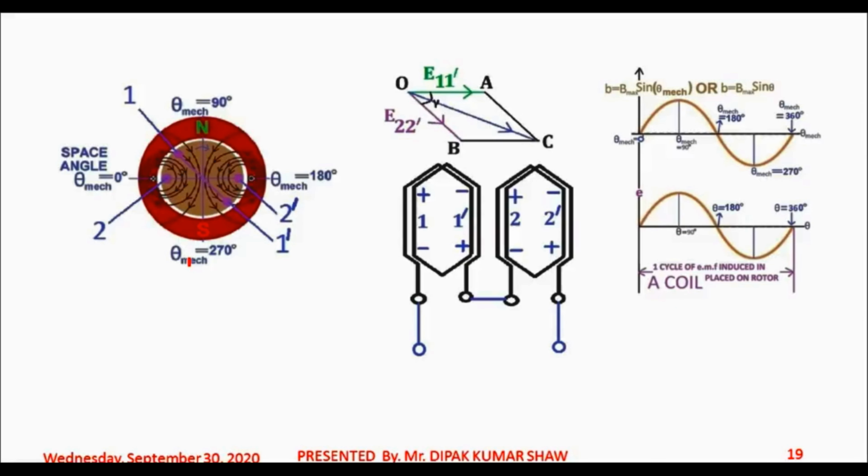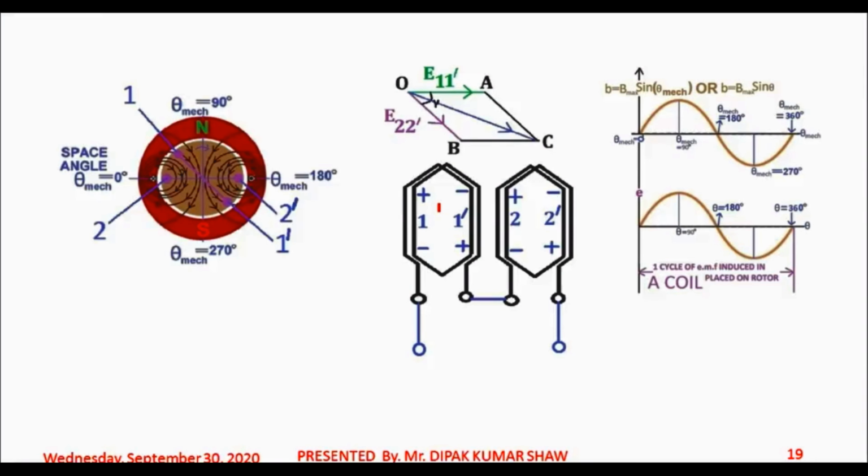That time is the time difference between the positive peak of coil 1 dash and the positive peak of coil 2 dash. Since the EMFs induced in the two coils 1 dash and 2 dash are not in the same phase, rather they are phase shifted by angle gamma, we are not allowed to take the arithmetic sum. We need to take the phasor sum. So E11 dash and E22 dash are drawn as phasors. Phasor OA represents the EMF induced in coil 1 dash.